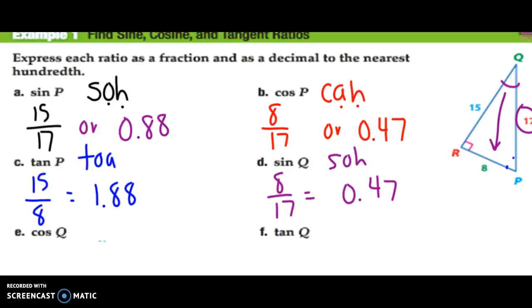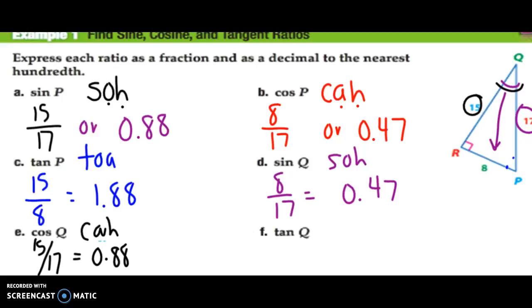We can use that information also for the cosine of Q, which is adjacent over hypotenuse. Well, the adjacent from Q would be 15 over 17, which again is 0.88.